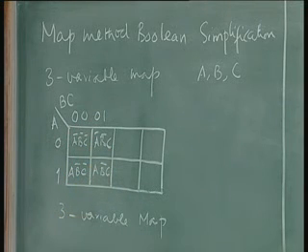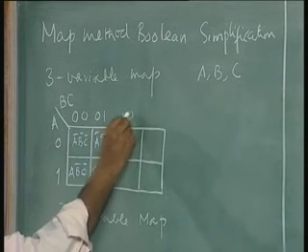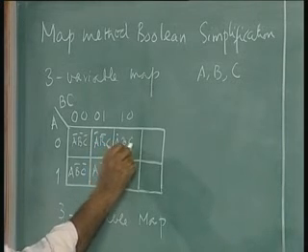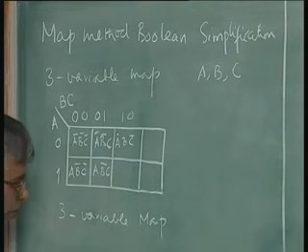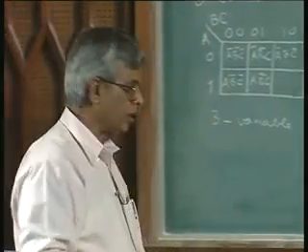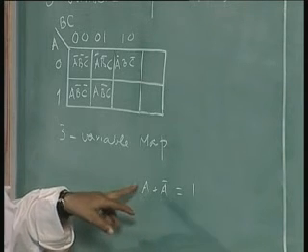Now what will be the next value for BC? 1, 0 or 1, 1. But if you put 1, 0, what will happen is, I have to write A bar, B, C bar. But I would like to have this adjacency rule. Remember, this type of identity I have used repeatedly to combine and knock off a variable.